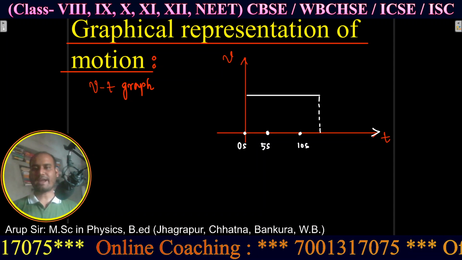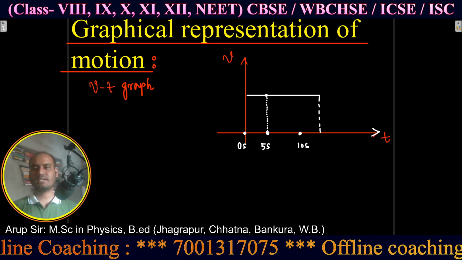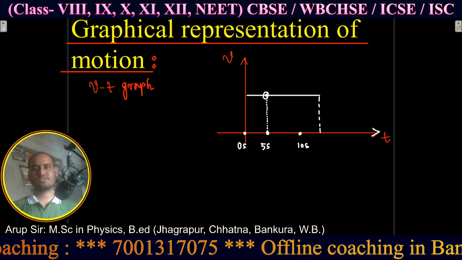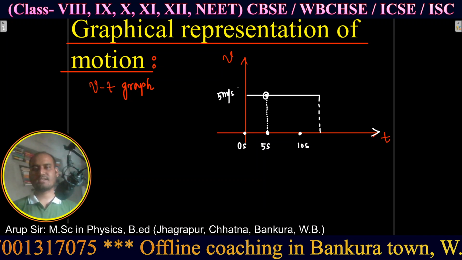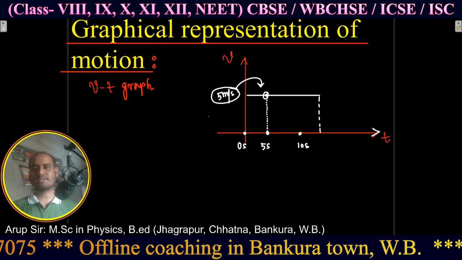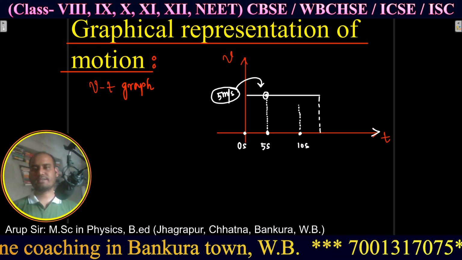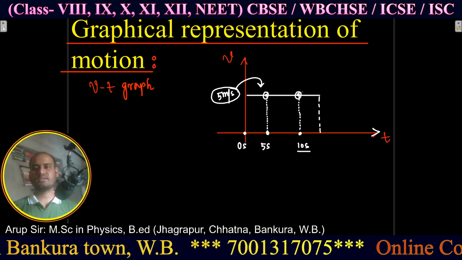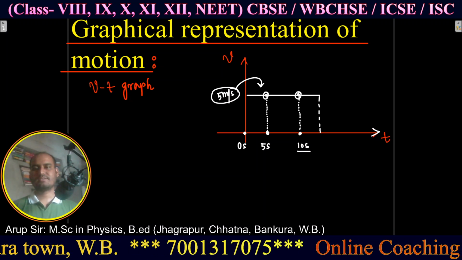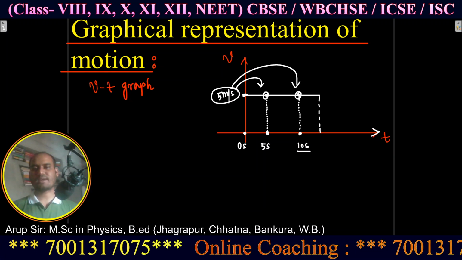Now at 5 second, if I go above, then it is the velocity. If it is 5 meter per second, then at 5 second its velocity is 5 meter per second. Again, if I go up and reach this point corresponding to 10 second, this level is also 5 meter per second.